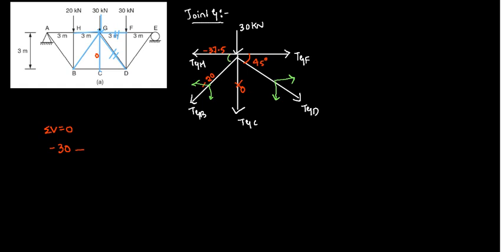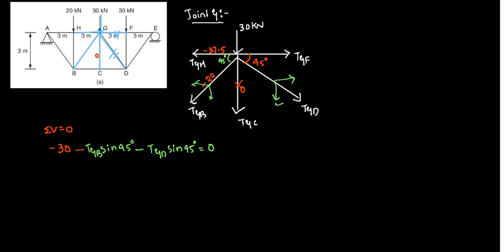Since I have considered the 45 degree with respect to x axis, the vertical component will become sine. So TGB vertical component will become sine 45 degree, and since it is downward, it is minus. Again minus TGD sine 45, since it also makes an angle 45 with respect to x axis, equal to 0.